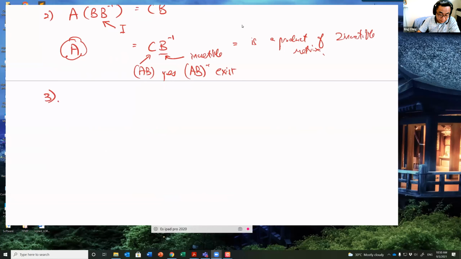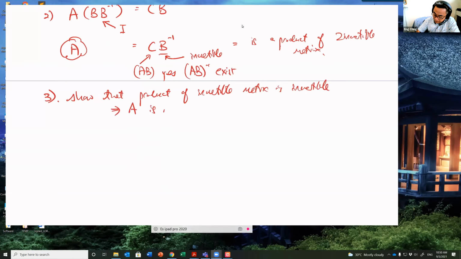The third step is to show that the product of invertible matrices is invertible. And if we can show this, it implies that A is invertible. How do we show this? Well, actually, this is a hack, in some sense. We say we have A and B.